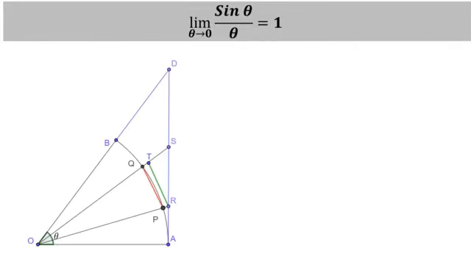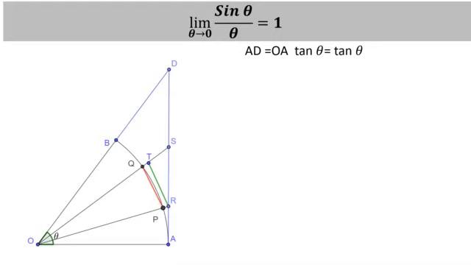Here in this figure we have done two things. We have drawn a perpendicular at point A which meets the extended line OB at point D. Hence AD is equal to OA tan theta, and OA being 1, AD becomes tan theta.